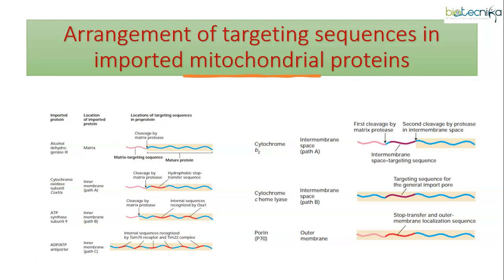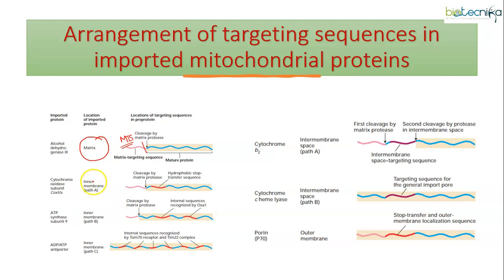If a protein needs to enter the mitochondrial matrix, it should have a mature protein with an MTS. MTS means matrix targeting sequence. Then only it will enter the matrix.